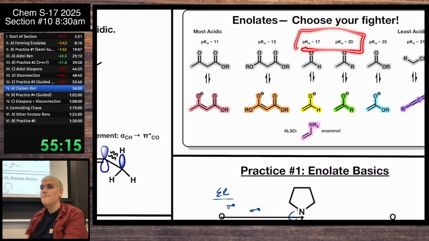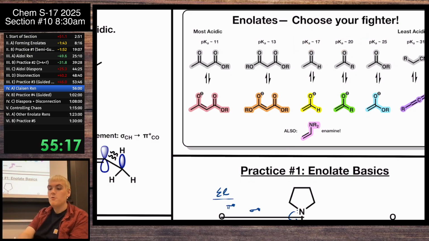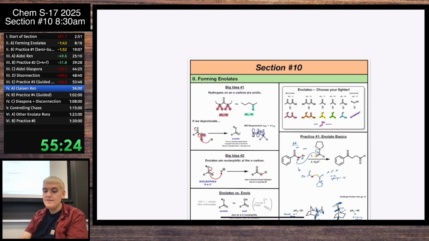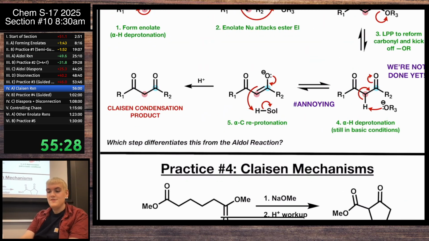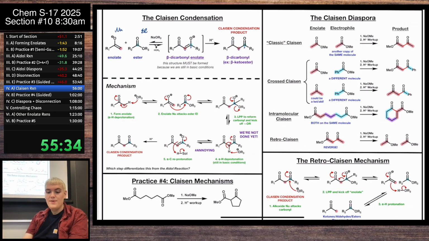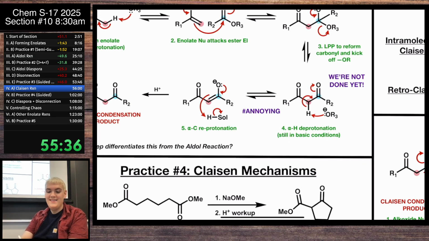So if we're still in that mixture with the base that's strong enough to deprotonate this, is it going to deprotonate the pKa of 11 one that we just made? So this is what I call the annoying step. In the annoying step, you deprotonate this because it's acidic, you push up, and then you move on to step 2, which is an acid workup, and you completely undo it in the next step.